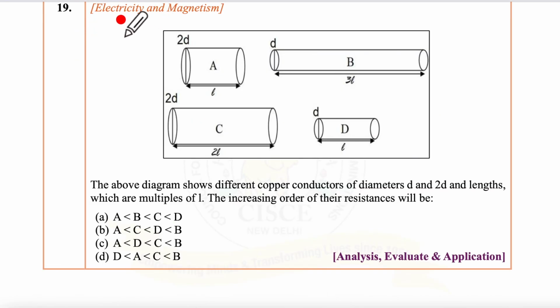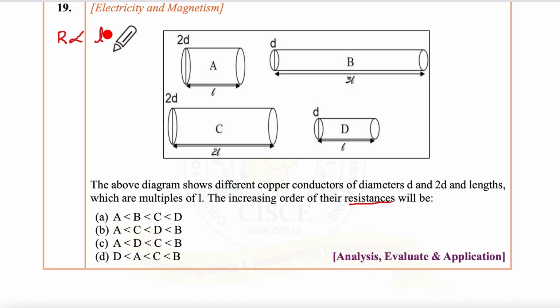Question number 19 is based on electricity chapter, and we are given 4 diagrams. They are copper conductors of diameters D and 2D and lengths which are multiples of L, which means if this is L, this is 2L, this will be 3L, so on and so forth. The increasing order of the resistances will be, for the resistance, you need to know the factors on which resistance depends.